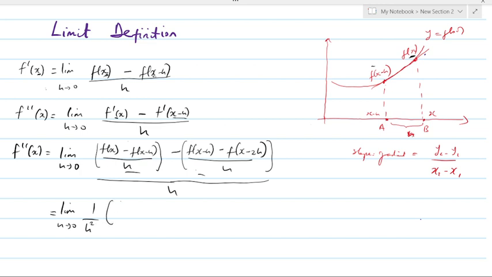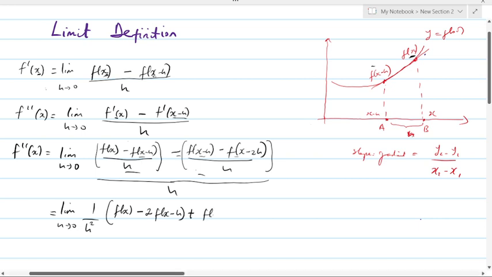Here we have f of x, and here we have minus f of x minus h, and here we have minus f of x minus h. That will give us minus 2 f of x minus h, and here we have minus f of x minus 2h, which gives plus f of x minus 2h, and that is the second derivative using the limit definitions.